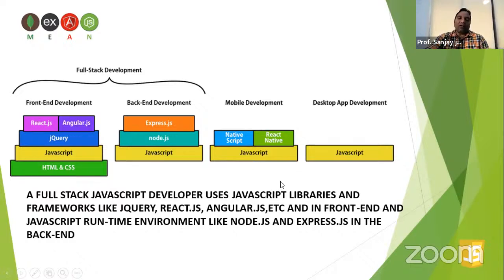Because till now we know that JavaScript is used only in the front end, and even that is not necessary. When we talk about any web application, if you want to create a website, JavaScript is not mandatory. Only with the help of CSS, HTML, and some back-end programming language, you can create your website. But JavaScript was used in the front end.